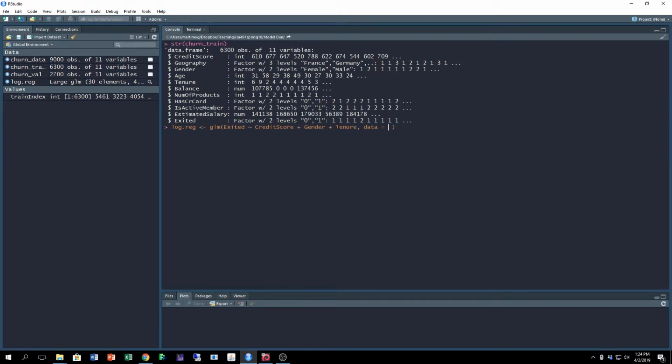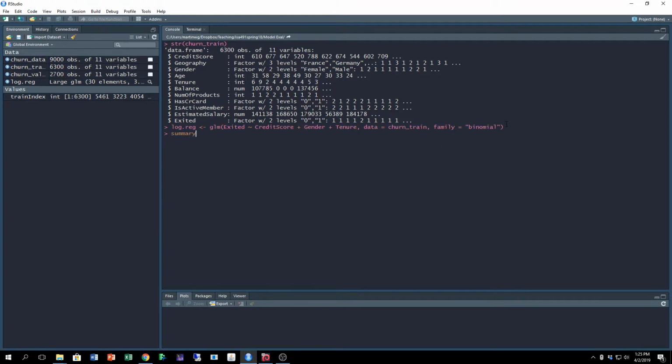We want to set the data set to the training set, so we are going to basically train our model in the training data set. And the last thing that we want to do is set the family to binomial. What that does is that it ensures that we use a logistic regression model.